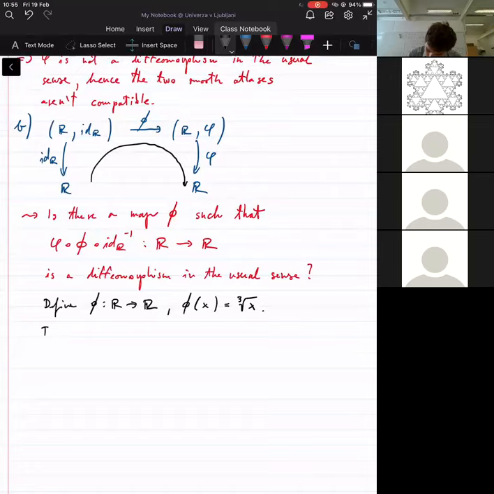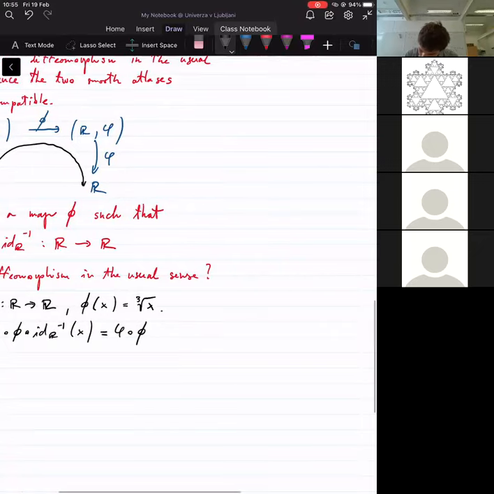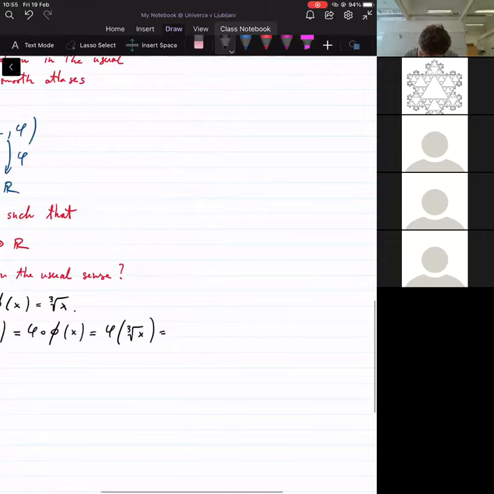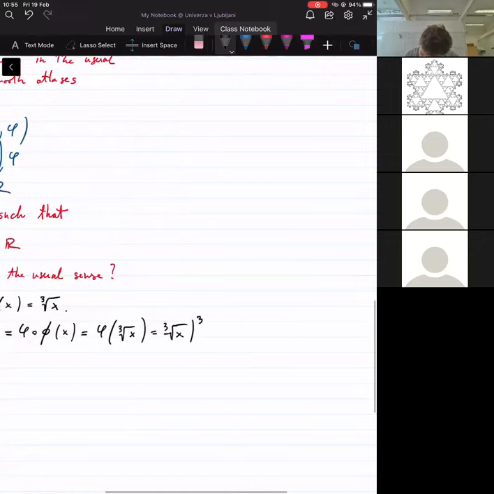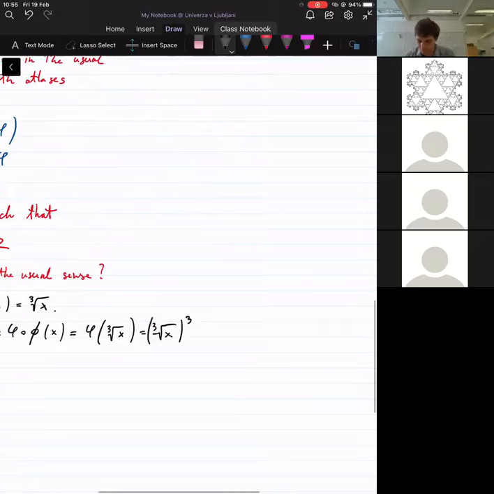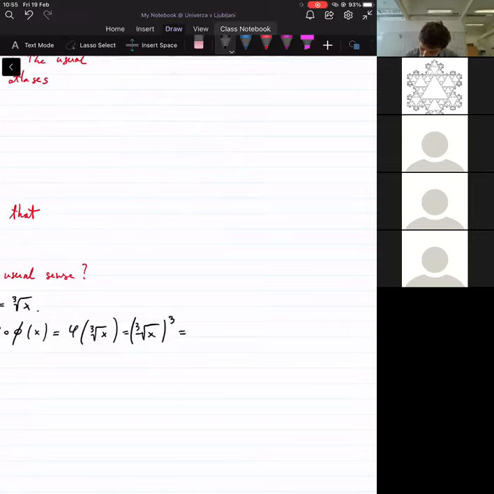So then we have big phi of IDR to the power of -1 of x is equal to phi of big phi of x, and this is nothing else but phi of the third root of x, and this is the third root of x to the power of 3, which is again x.